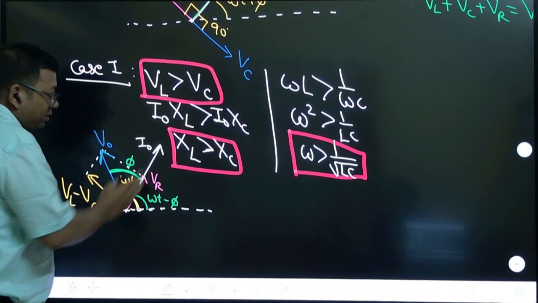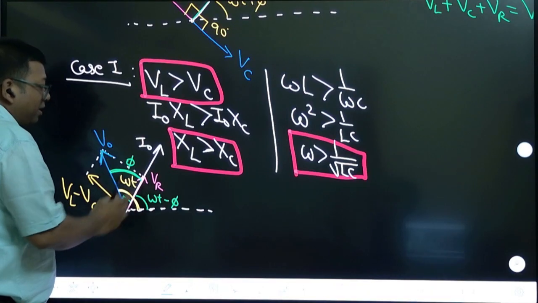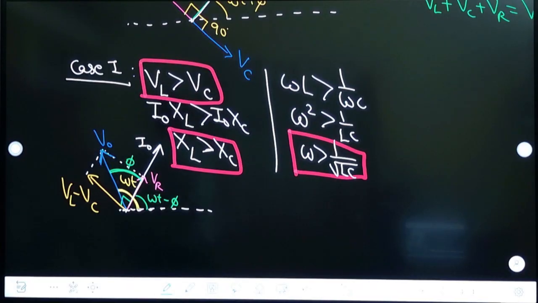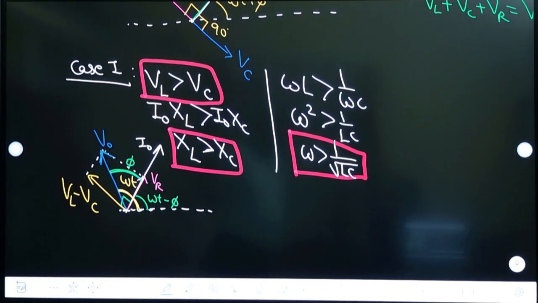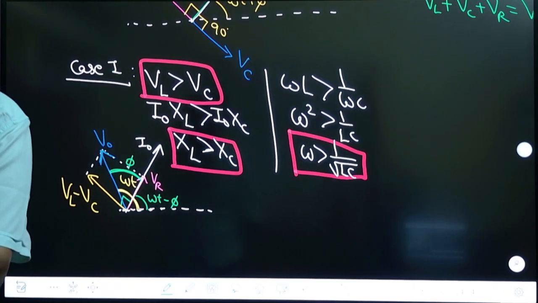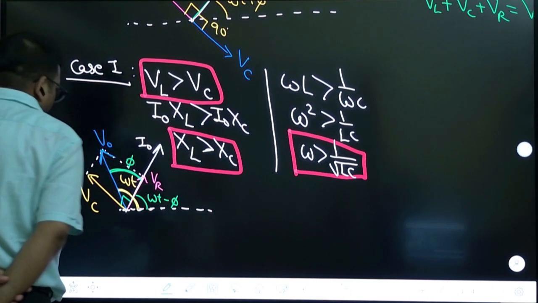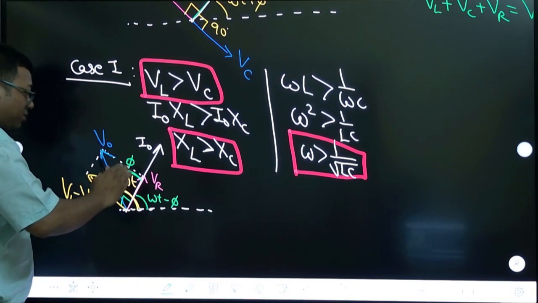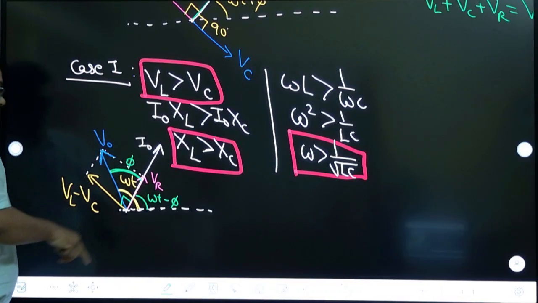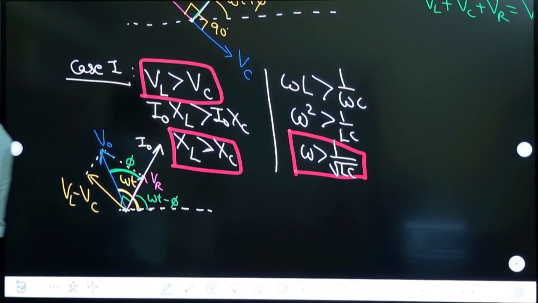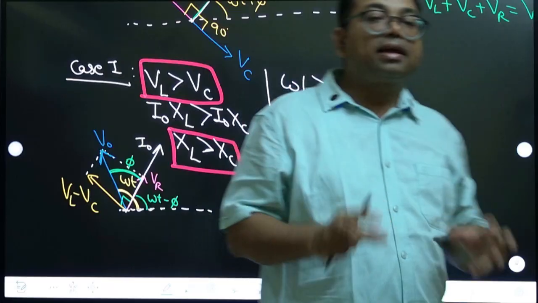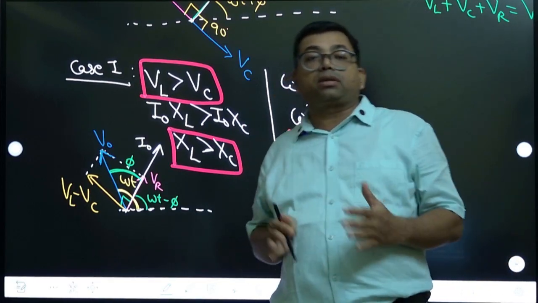This is the phase angle for the current. Are you clear about this? Yes. So the phase angle phi you need to subtract. Then you can say current is lagging voltage by some angle, not by 90 degrees, because if it is 90-degree lagging it will be a purely inductive circuit.